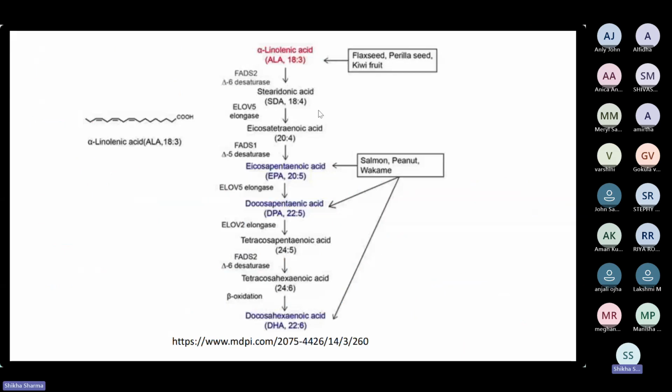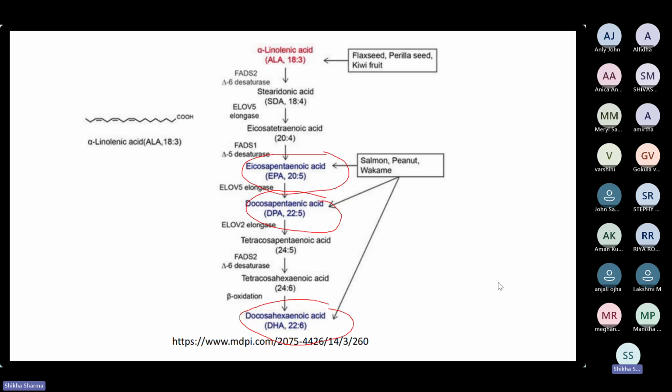So if we see here, alpha linolenic acid is converted into EPA, DPA, the major compounds, I am just talking about the major compounds, and DHA.